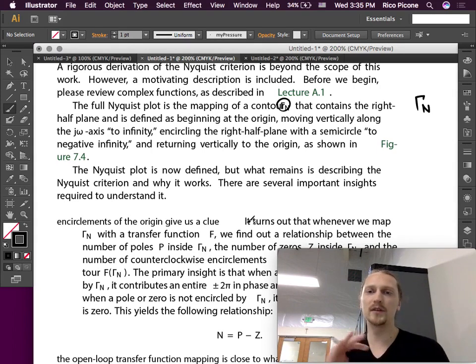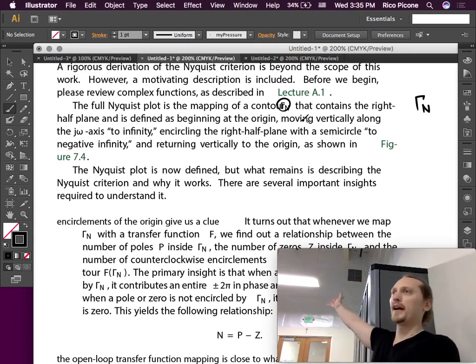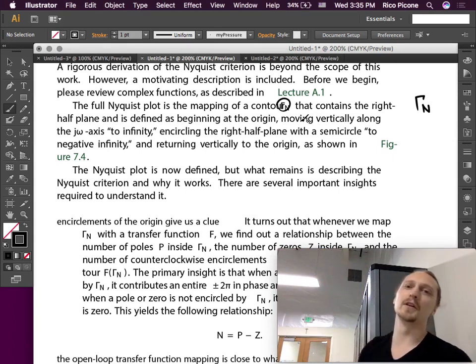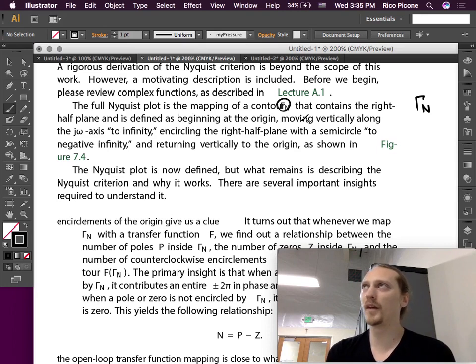But let's not lose sight of the big picture here: the full Nyquist plot is the mapping of this contour, which contains the entire right half plane, beginning at the origin and going around the semicircle. So we need to do this mapping, and the implications of that are important.